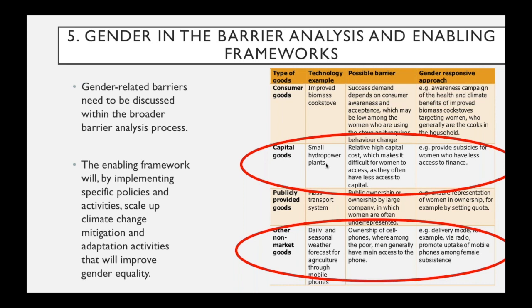And what we saw in the earlier slide that I brushed over slightly, with over 60% of women worldwide being responsible for the production of food crops, this is a problem. Ways in which to overcome this barrier, because it in the end will result in women not getting these seasonal and daily weather forecasts, is to consider different delivery modes of the message, for example via radio, or take another approach and promote uptake of mobile phones among female subsistence farmers.